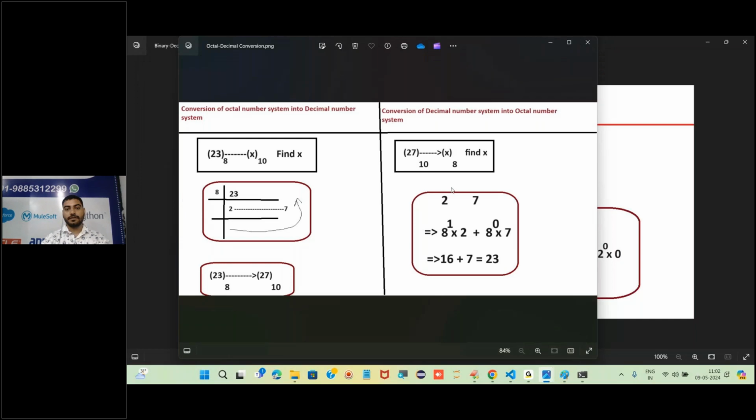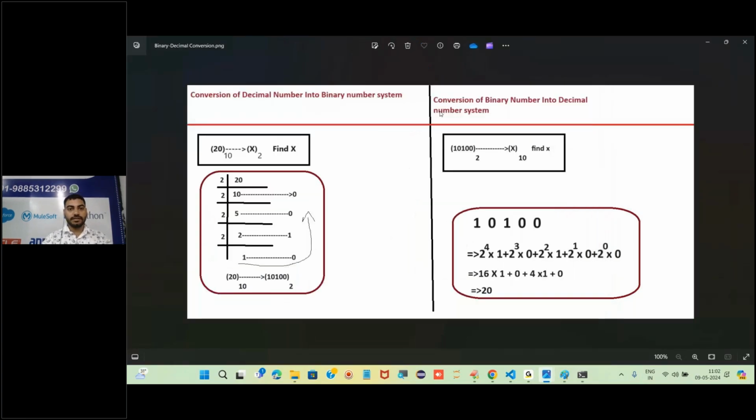See, what we are giving? 23 is a decimal value here. We are trying to convert this decimal value into octal, so 27 we are getting. Okay, fine. So these are few things.